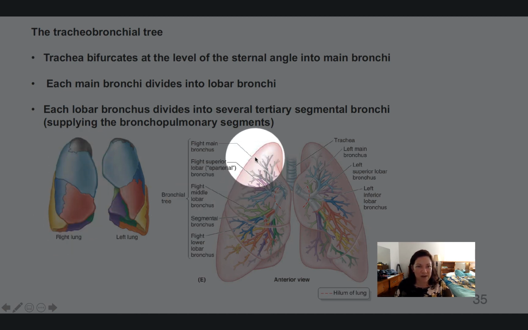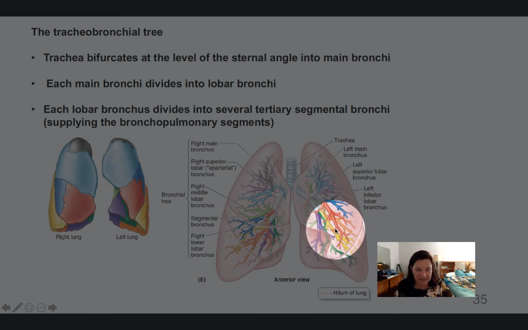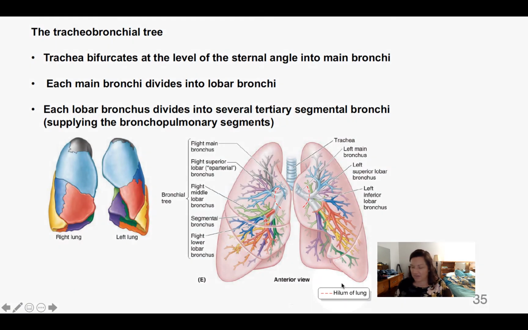And of course, in the right lung, you would have a singular primary bronchus dividing into 3 lobar bronchi, which divide in turn into many tertiary bronchi. In the left lung, you'd have a primary left bronchus dividing into 2 lobar bronchi, in turn dividing into many tertiary bronchi. And again, this little dotted line on both sides is showing you the root or the hilum of the lung.